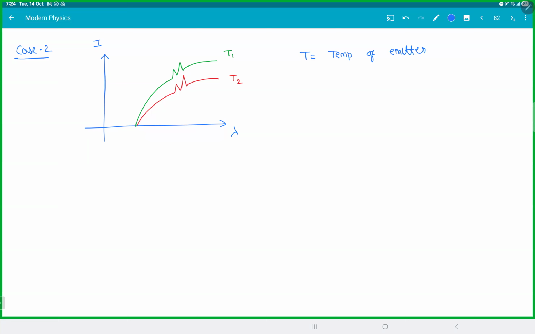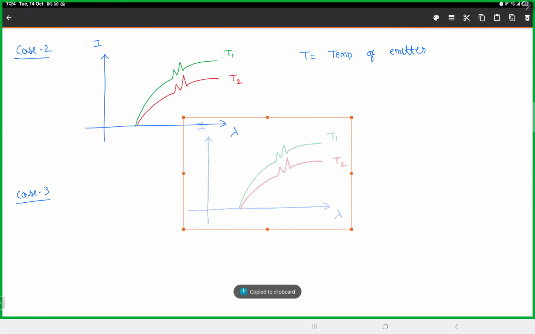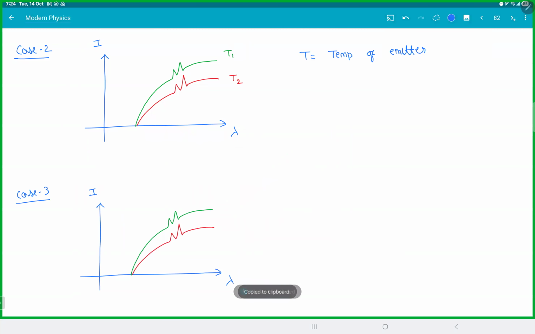So can you compare T1, T2, which is bigger? Who has more temperature? This is P1, this is P2. P is the pressure of gas in the chamber.